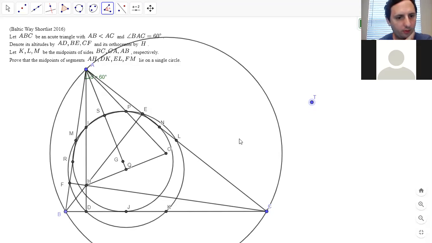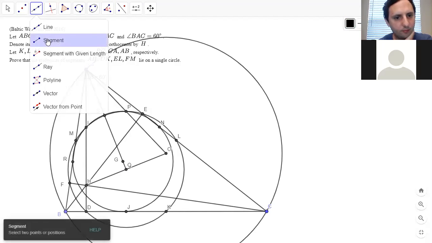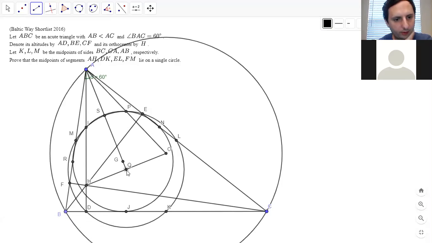So Q is the 9-point center. So we know that these three are perpendicular. So basically, maybe it's worth drawing the isogonal conjugate of Q.